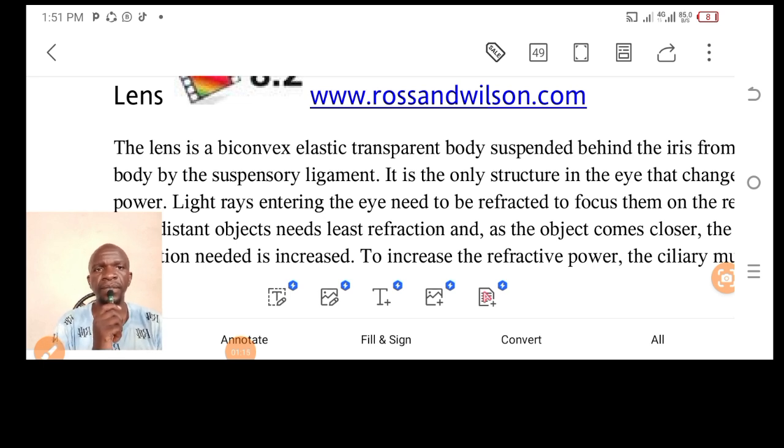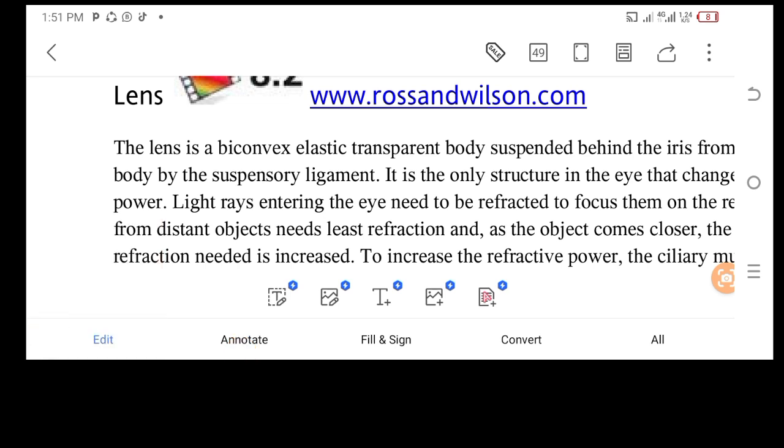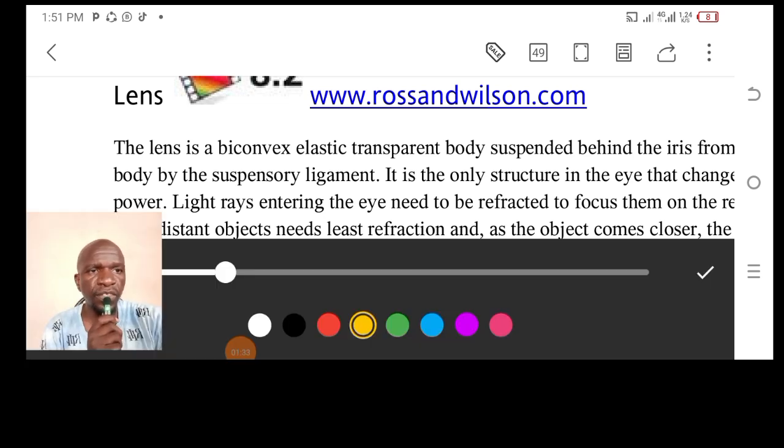So the lens is a biconvex structure that is held in position by the suspensory ligaments, just behind the iris. When describing the lens, there are a number of points you must note.